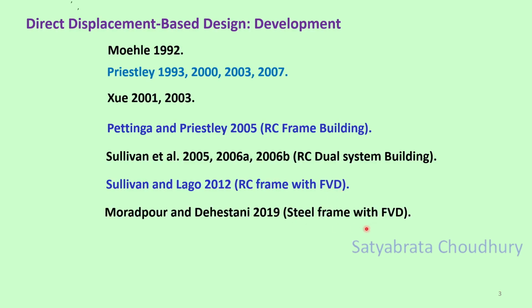Then Moradpur and Dhayastan in 2019 applied the DDBD method for steel frame buildings with fluid viscous dampers; they showed how to optimize things. Out of these, we shall particularly discuss the Pettinga and Priestley method, the Sullivan et al. method for dual systems, and the Sullivan and Lago method later on.